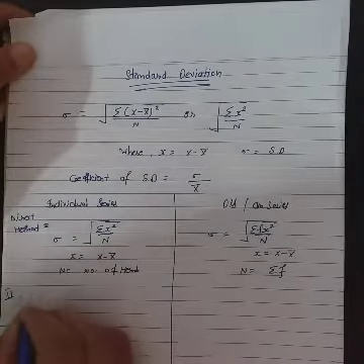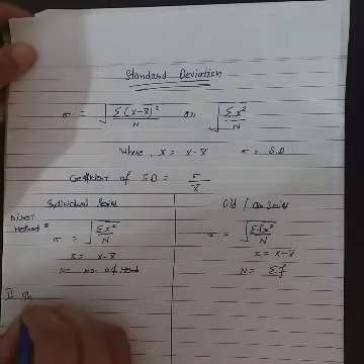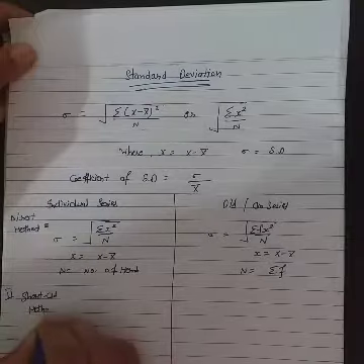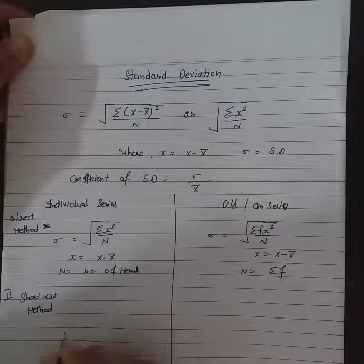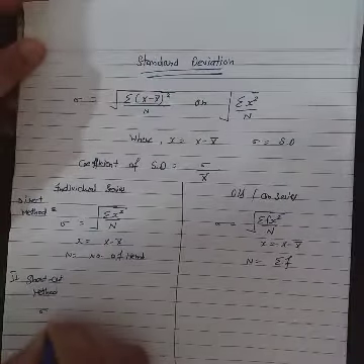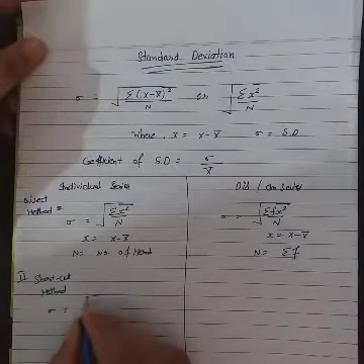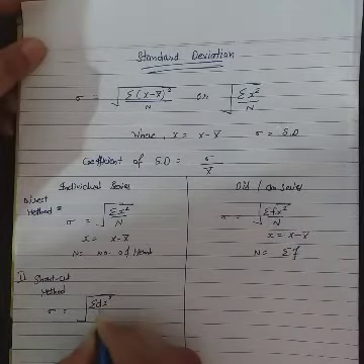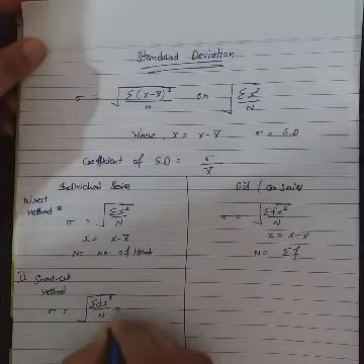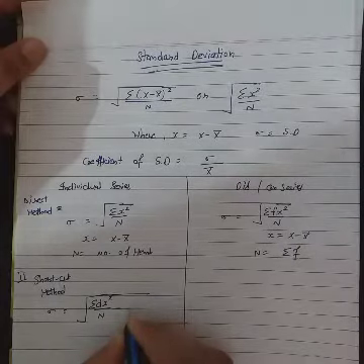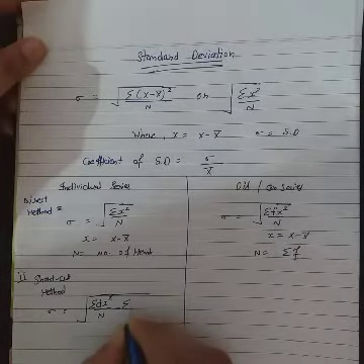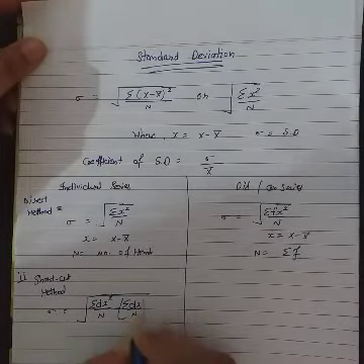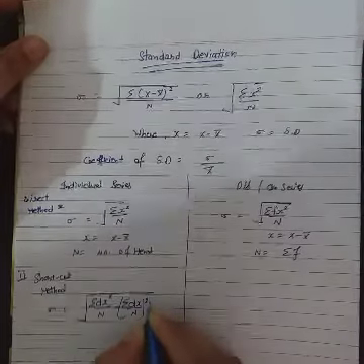Second method is shortcut method, which includes the assumed mean method. Standard deviation is equal to under root summation dx square over n minus (summation dx over n) the whole square.